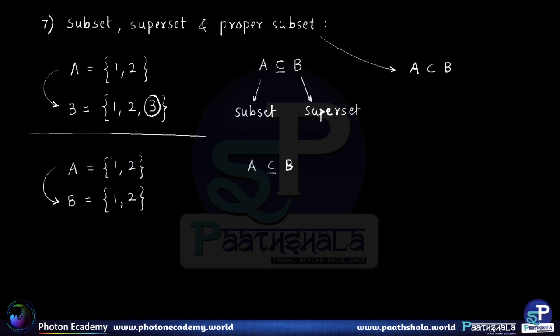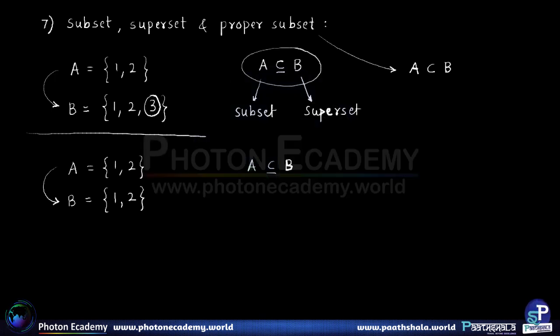Whenever we are not sure whether a particular set is a proper subset of some other set or not, then in general we always write the subset symbol. But whenever it is known that the superset contains at least one or more additional elements, then we call it a proper subset.